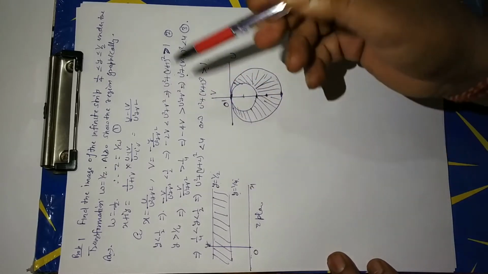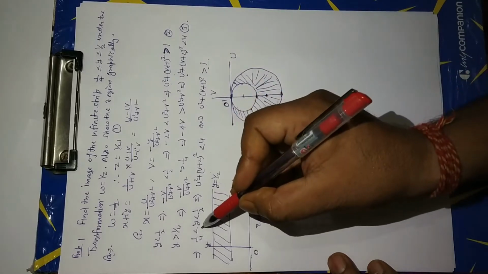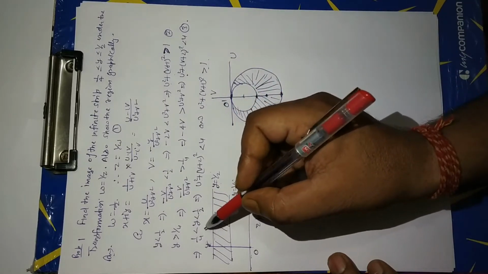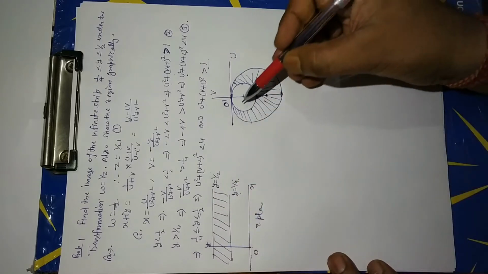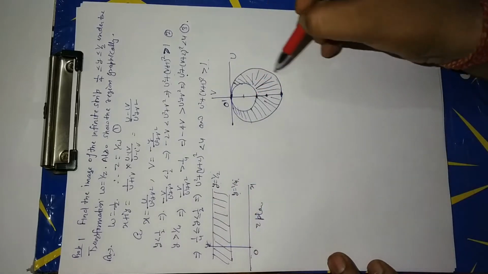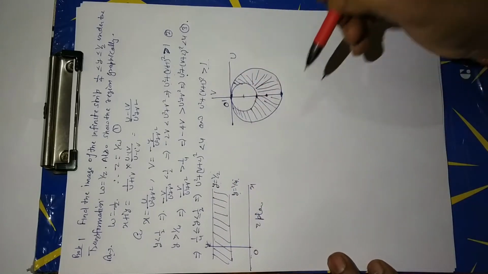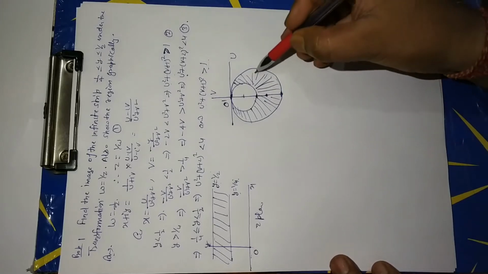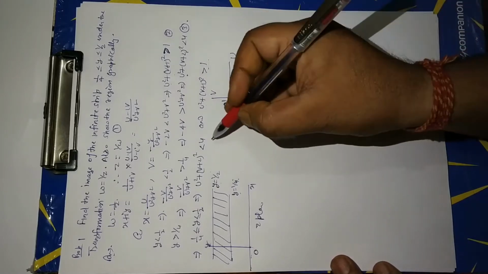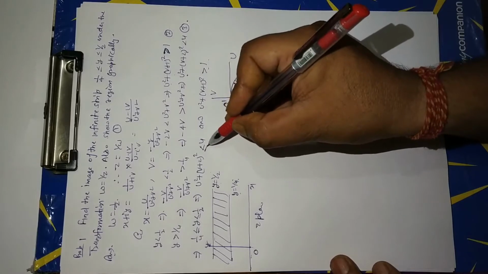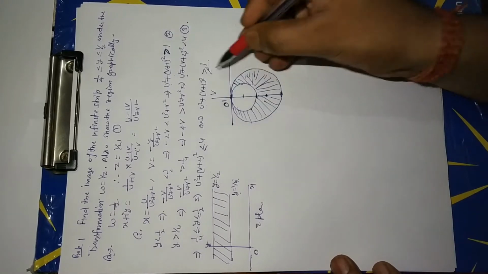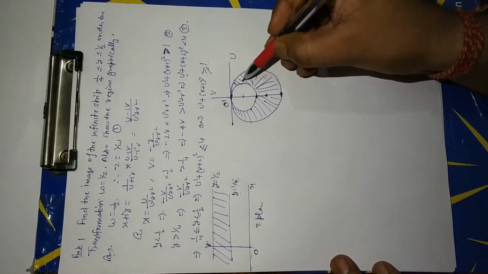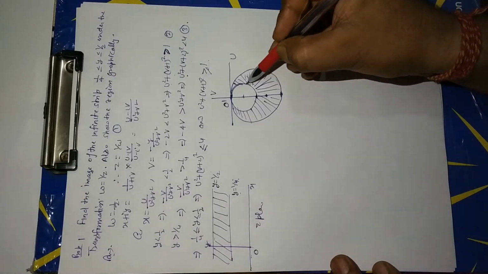Now if we apply the equal sign, then the boundary of the strip lies on the boundary of the bigger circle. Now the circle boundary lies also.